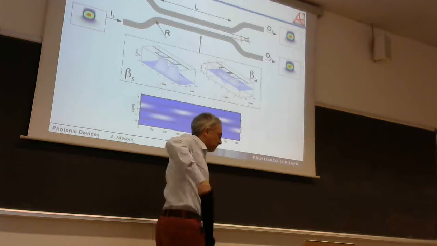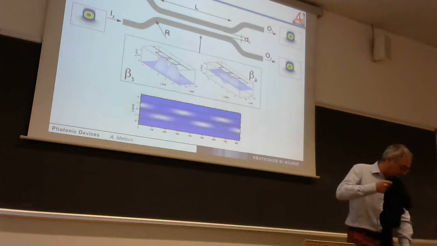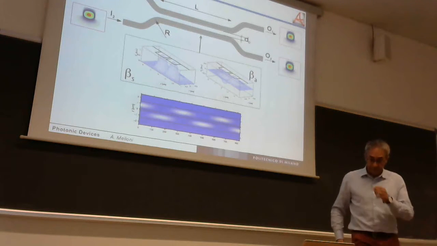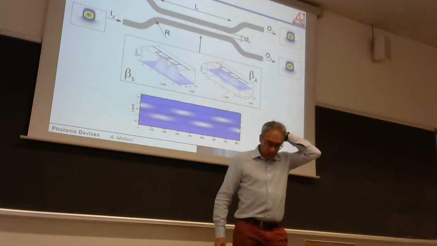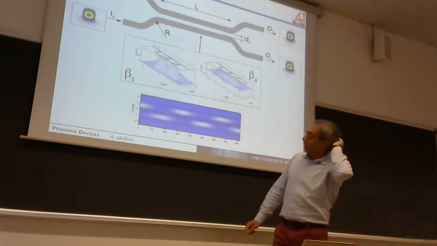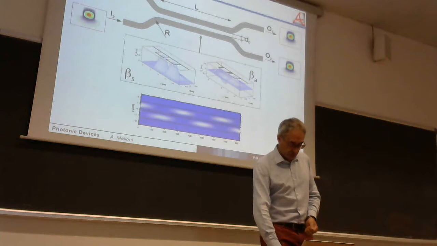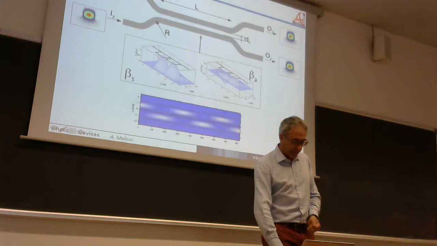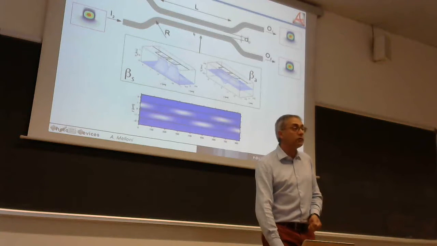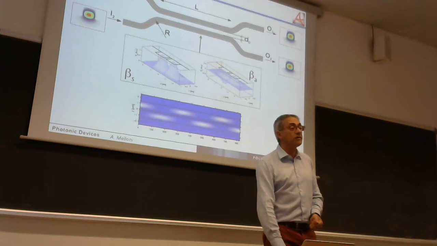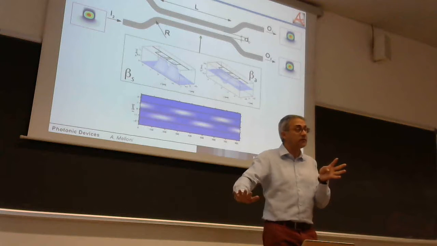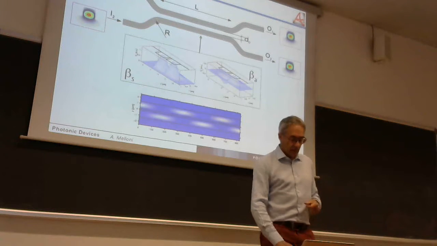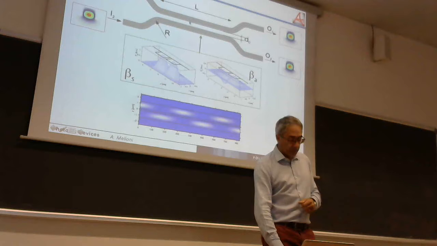So we introduced the coupled mode theory in detail. We applied it to this condition, two straight waveguides close to each other, close in the sense that the evanescent tail of the field of the mode is perturbed by the presence of the other waveguide.